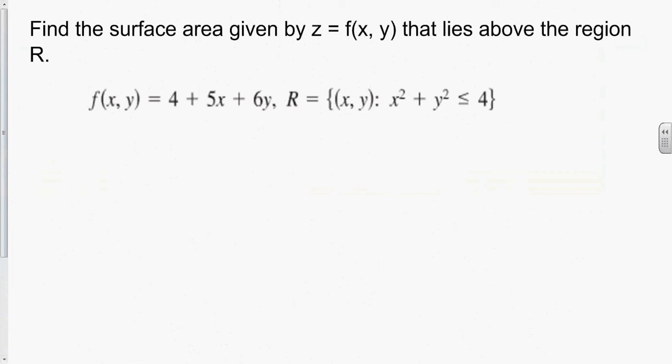Now, we need those partial derivatives, right? So the partial of f with respect to x is 5. The partial of f with respect to y is 6. For that region, you need lower and upper bounds for x, lower and upper bounds for y. What would be easier there for our region R?